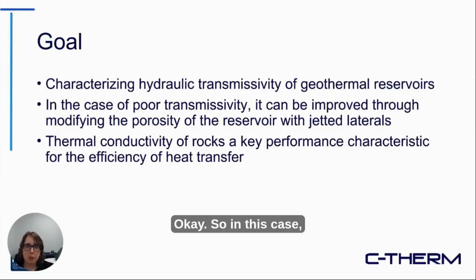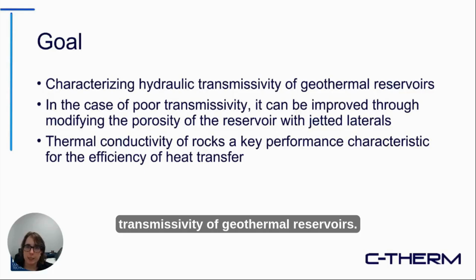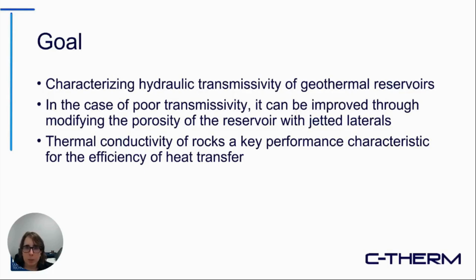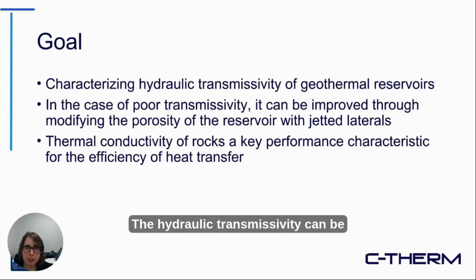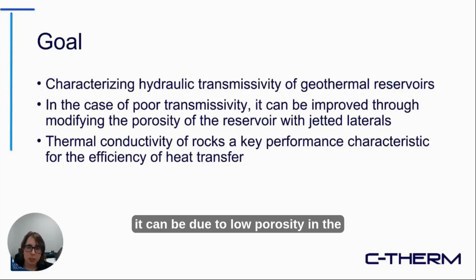Okay, so in this case, the goal of the research was to characterize the hydraulic transmissivity of geothermal reservoirs. The hydraulic transmissivity can be poor for a number of reasons. One might be due to poor heat transfer properties of the reservoir itself, but also it can be due to low porosity in the reservoir, so fluid can't flow easily from one region of the reservoir to others.